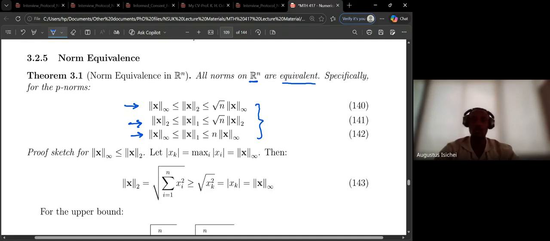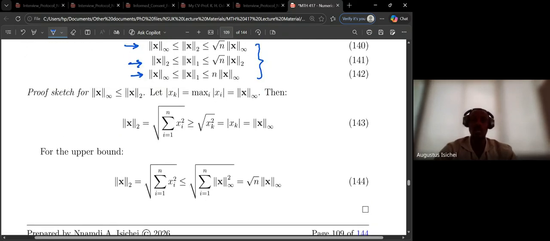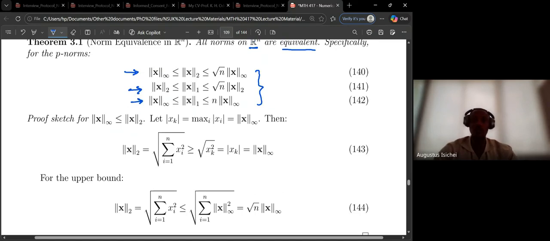So it's just a little sketch proof that I have for this theorem. The proof sketch is for the infinity norm being less than or equal to the 2-norm. How do we sketch this?